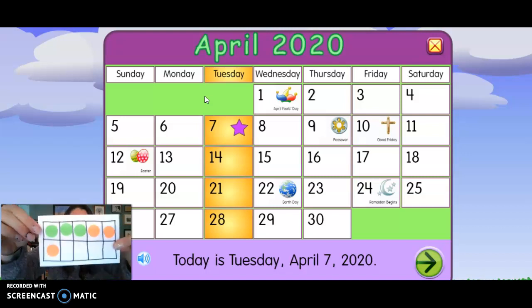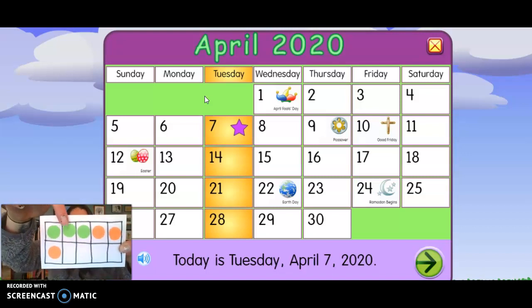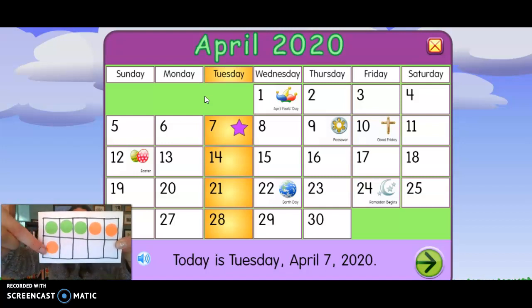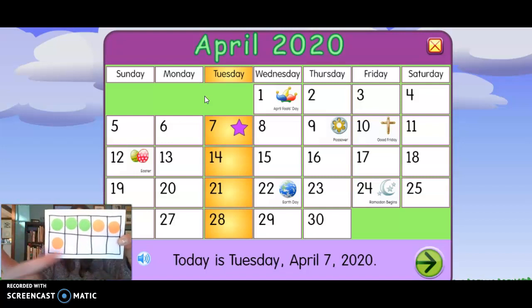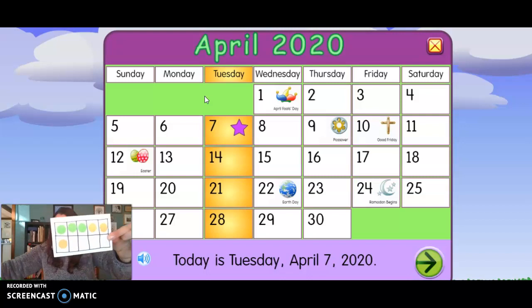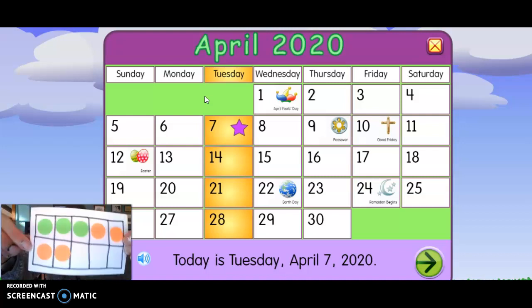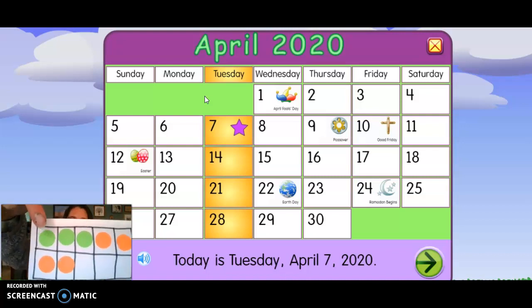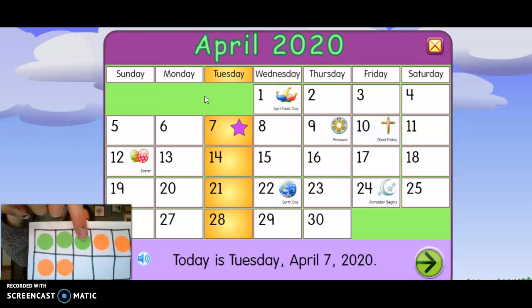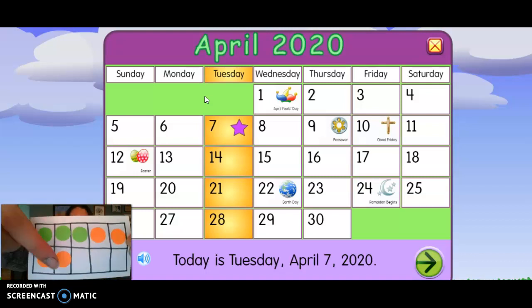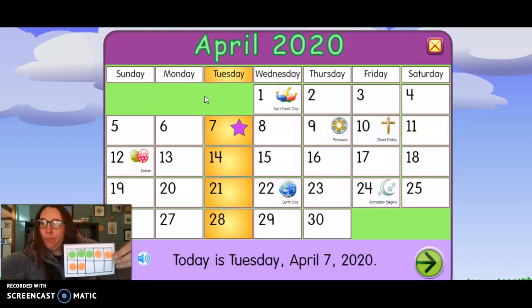Let's see. 1, 2, 3, 4, 5, 6, 7. We need one more dot. Let's count it together. 1, 2, 3, 4, 5, 6, 7.